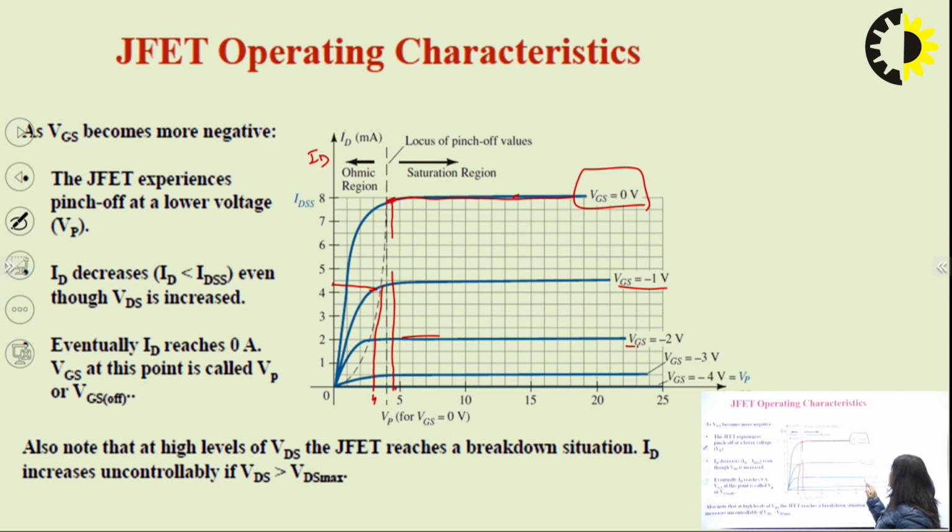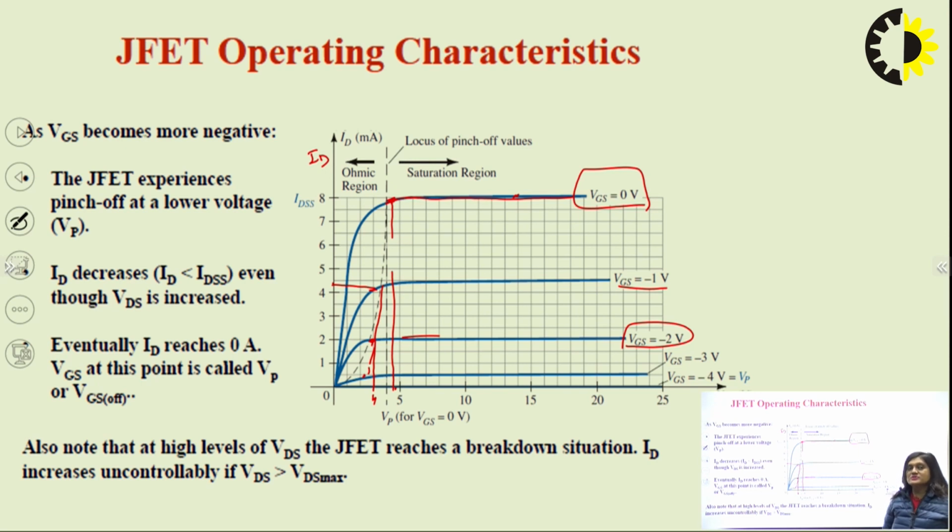If we make VGS -2, the VP potential is this much, and at VGS equal to -4, it is this potential. So by continuously increasing the reverse bias of VGS, from 0 to -1, -2, -3, -4, we can see that our pinch off voltage is moving towards the left side, and the maximum drain current is also reducing.